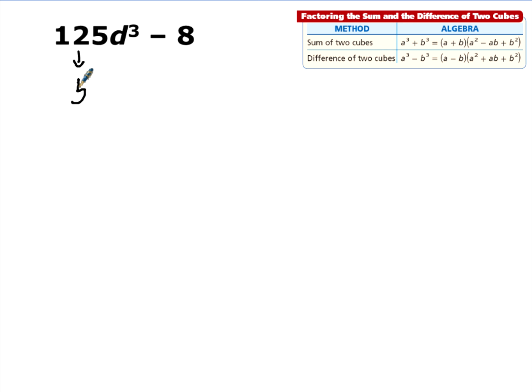And d to the third power is just d times d times d. So what I need to do is take 5d, and if I raise 5d to the third power, I will get 125d to the third power minus, let's see, what can 8 be written as to the third power? So 2 times 2 is 4 times 2 is 8. So there you go.